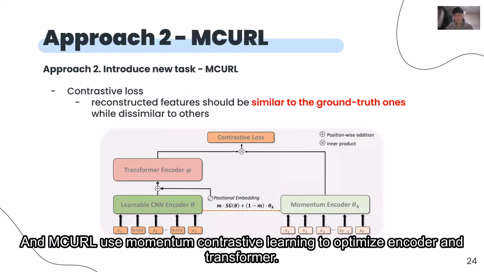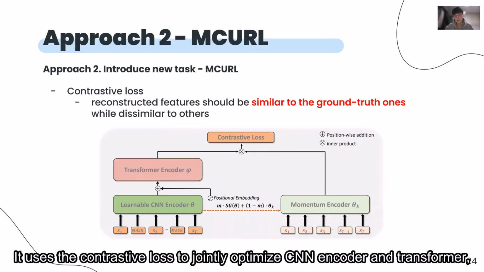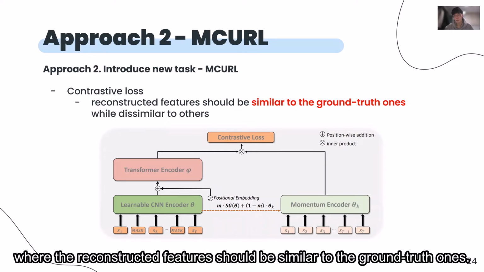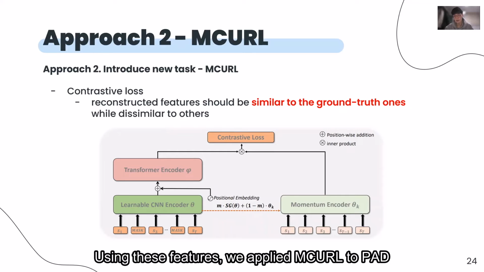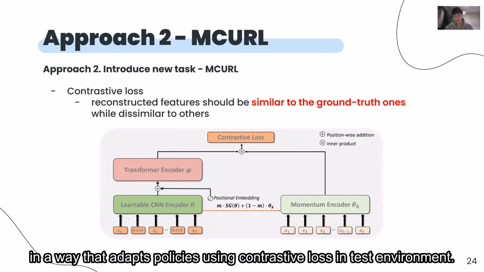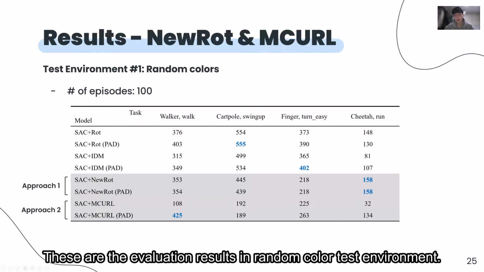And MCAL uses momentum contrastive learning to optimize the encoder and transformer. It uses the contrastive loss to jointly optimize the CNN encoder and transformer, while the reconstructed features should be similar to the ground truth ones. Using these features, we applied MCAL to PAD in a way that adapts policies using contrastive loss in the test environment.